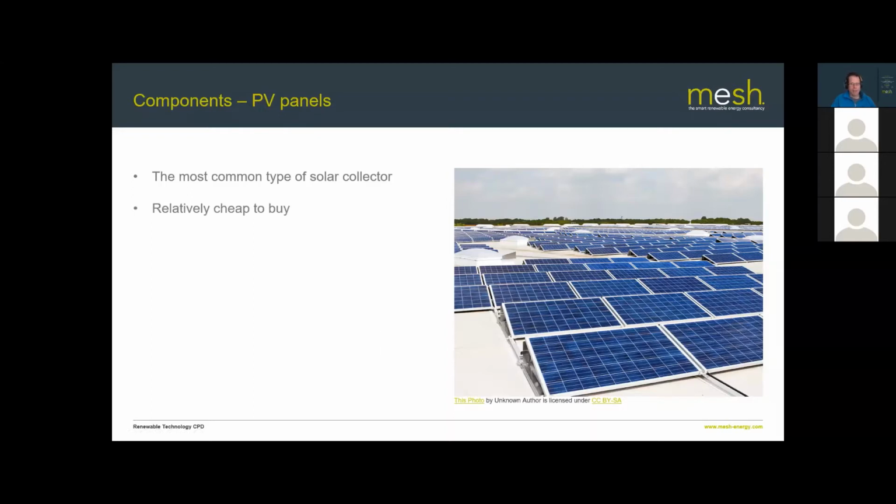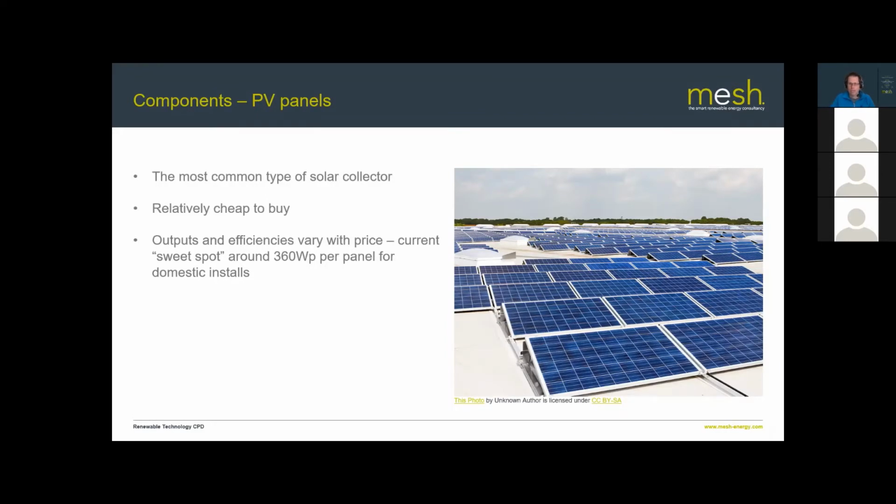And I say relatively cheap, panels vary in price quite a lot, and what you'll find is that at any given moment in the market there'll be a sweet spot about where you'll get the best output per pound you spend, and at the moment that's at around 360 watts at peak for a panel.